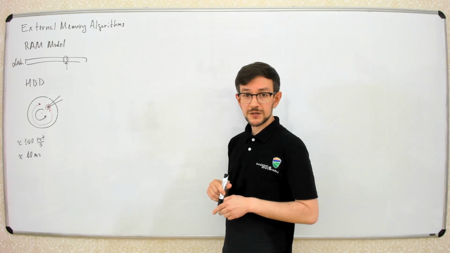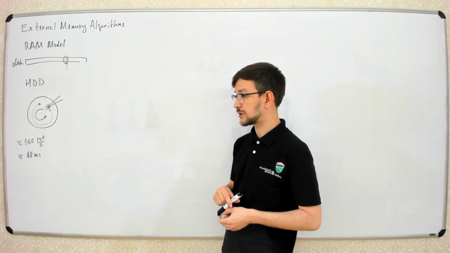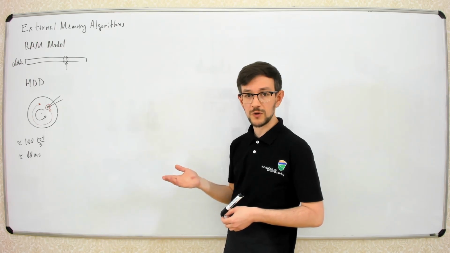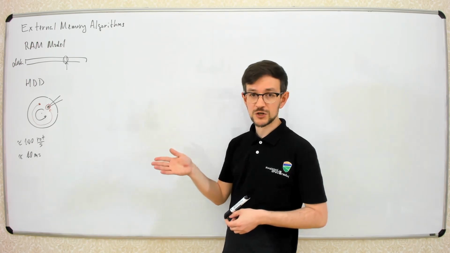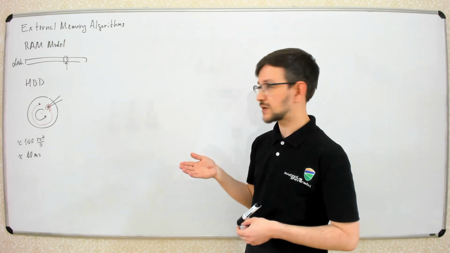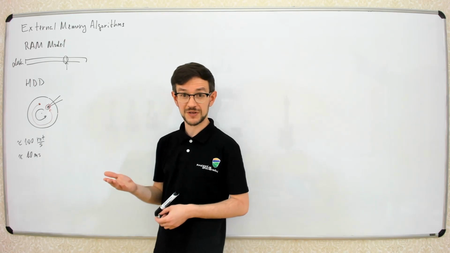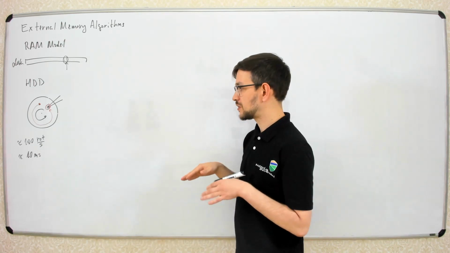You may think that 10 milliseconds is pretty small, but actually it's a pretty big time, because your computer can do many more operations per second, right? Your computer can do about a billion operations per second, and here you can do just 100 operations per second. So the difference is pretty big.